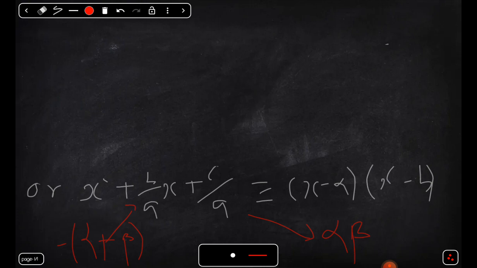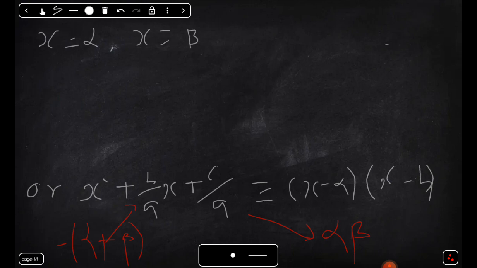So now we have that if this x, as we had initially, is equal to alpha and x is equal to beta.